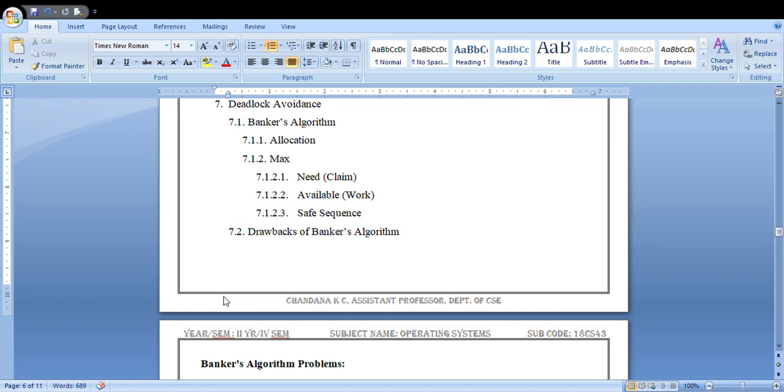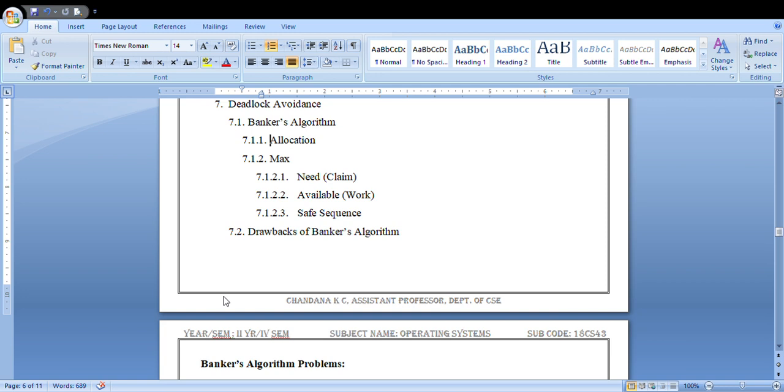In Banker's algorithm, you have basic terminologies like allocation. Allocation is nothing but how many resources are allocated to the processes. In the previous resource allocation graph, I explained how the resources are allocated to the different processes.